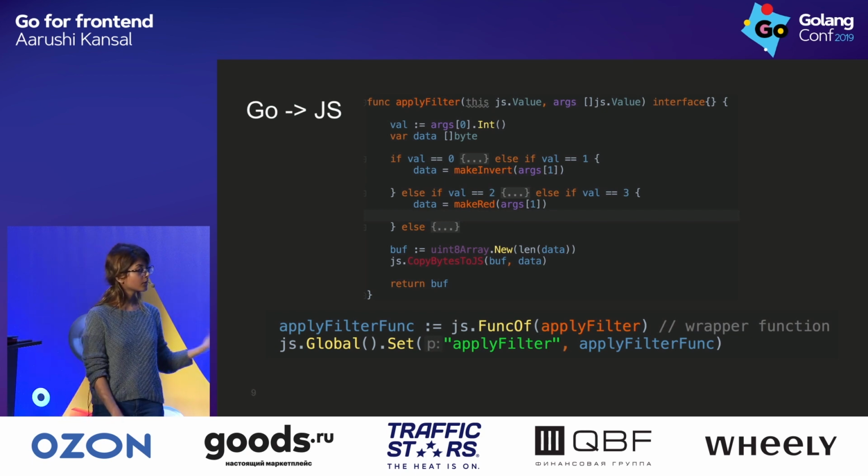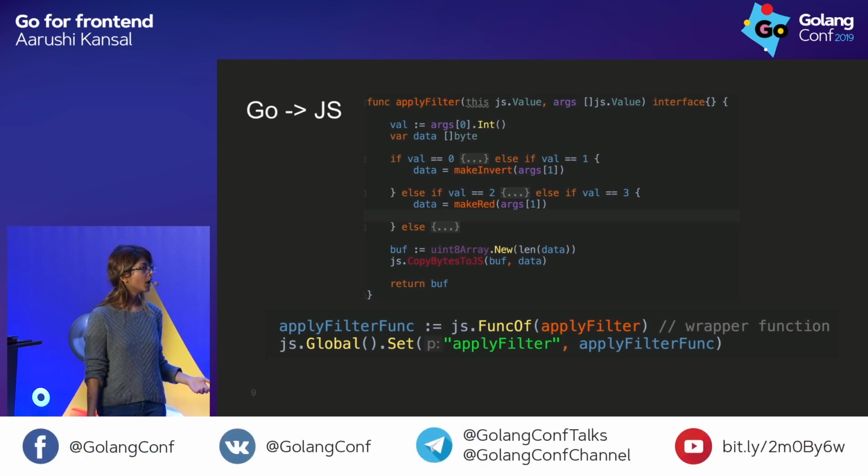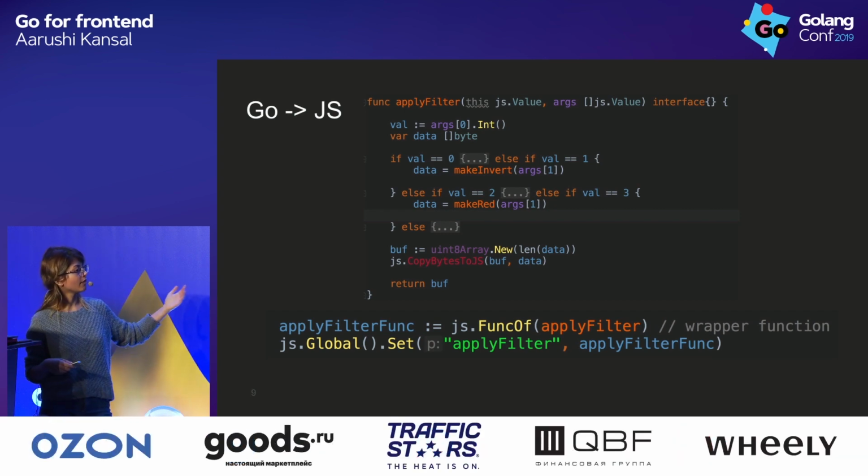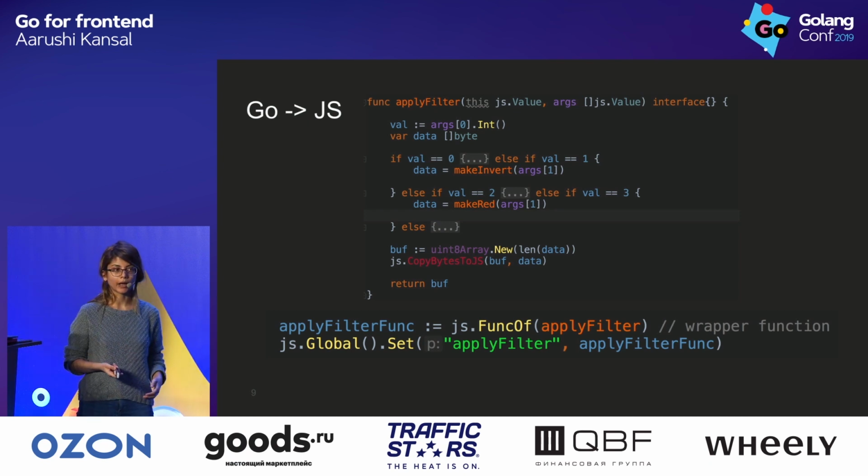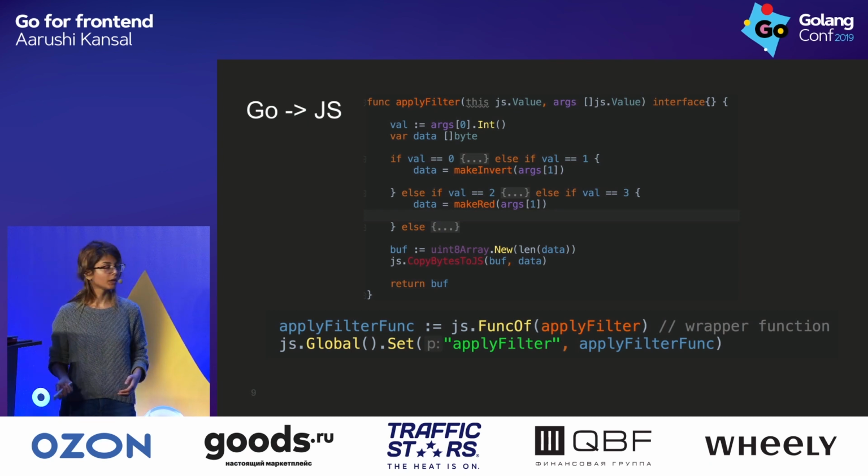So this syscall/js package provides you with a js.FuncOf, which is just a wrapper function. It takes your Go function, wraps it, and returns a JavaScript function, which is under the hood represented as js.Value. Once you have that apply filter func, you can just set that globally, and it's accessible from JavaScript.